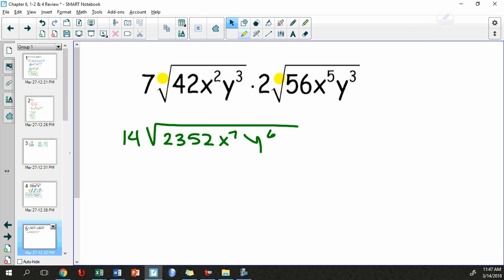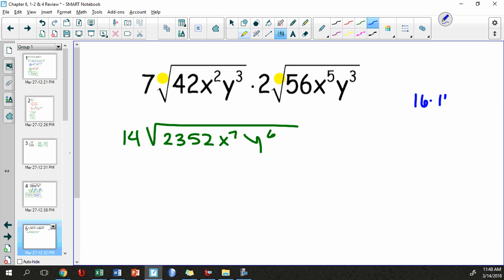Okay. Now, what does your number end in? A 2. So if we wanted to find the perfect square factors, we would say, okay, well, 2 squared is 4. That's super small. So what if we were to go ahead and divide it by 16? 4 squared. So is 2,352 divisible by 16? Yes, and what number is that?